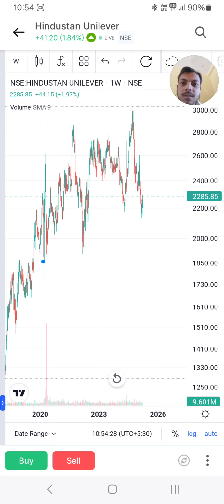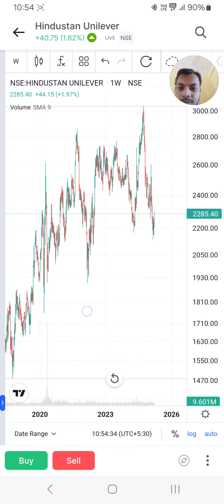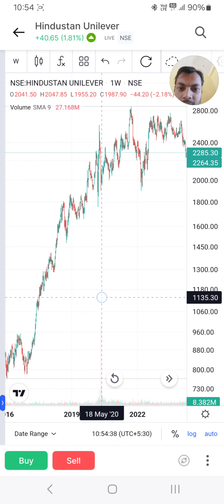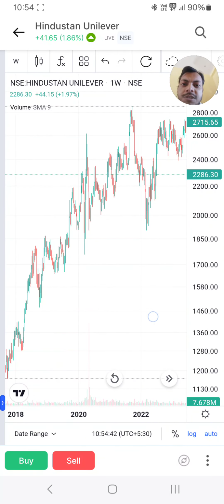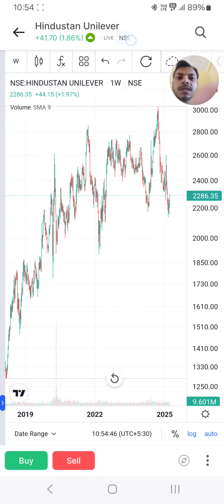Let me zoom out a bit, then it will be clear when the COVID crash was. I think November 19. Oh, in the COVID also it did not fall much. Okay, anyways, so this is the weekly chart.